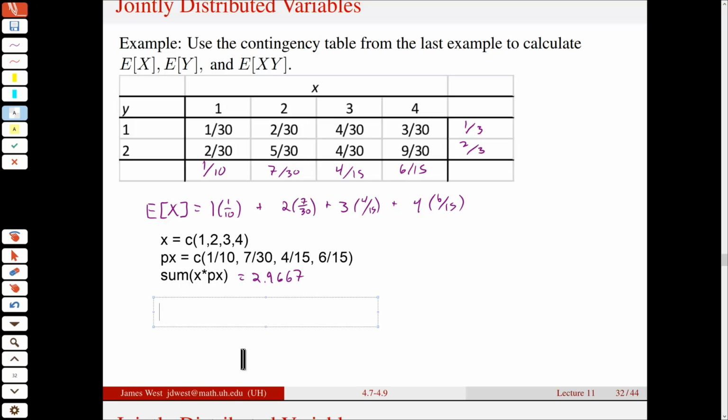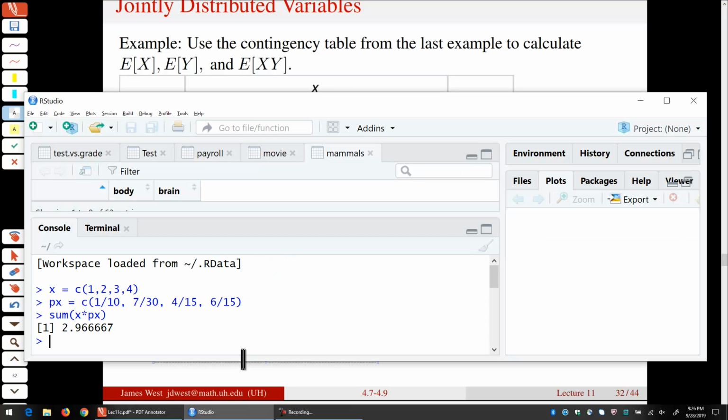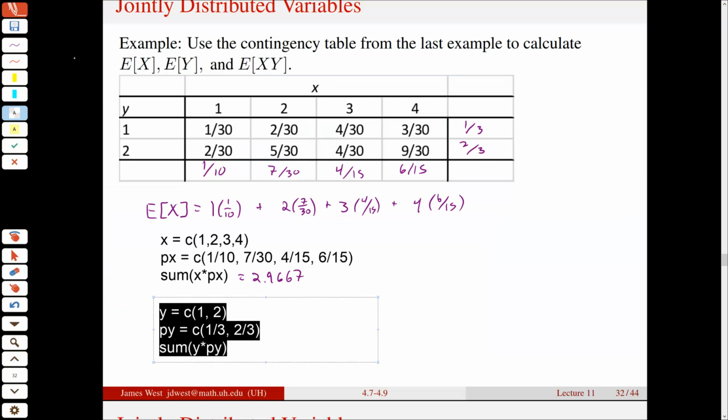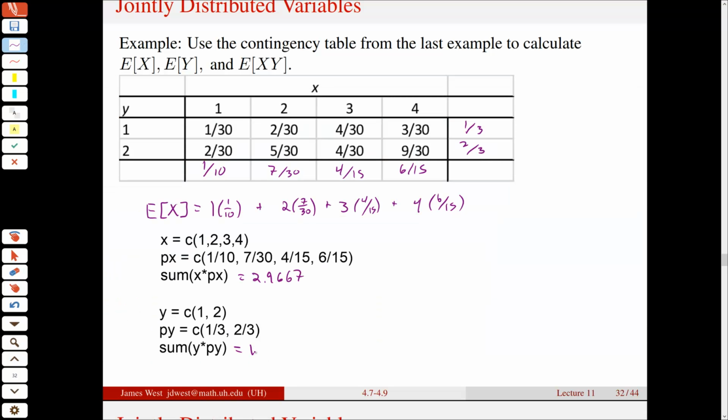I'll do the same for y. The possible values of y are 1 and 2, corresponding to probabilities 1/3 and 2/3. Sorry, that should be a C there. And if I do sum of y times py, I get an expected value of 1.6667.